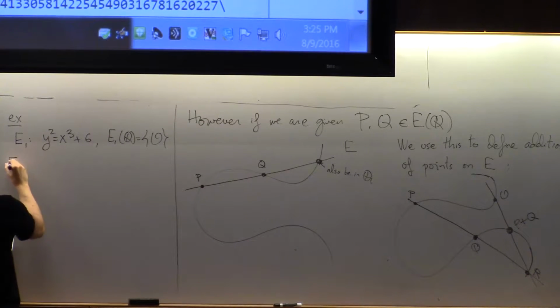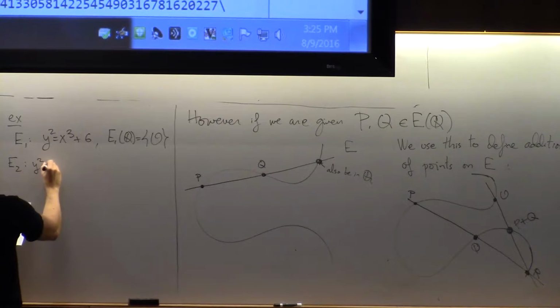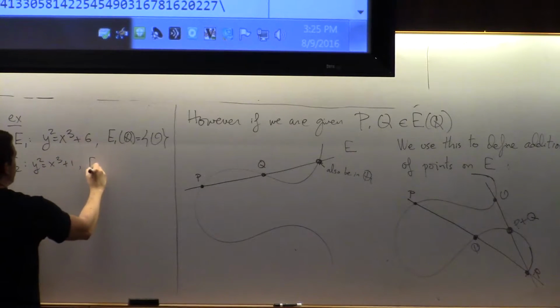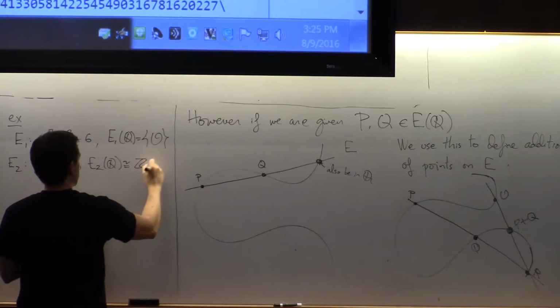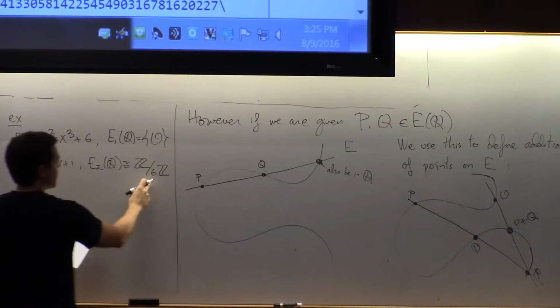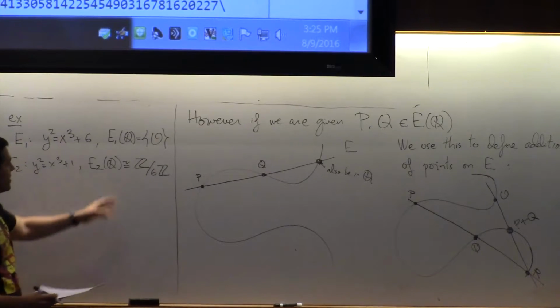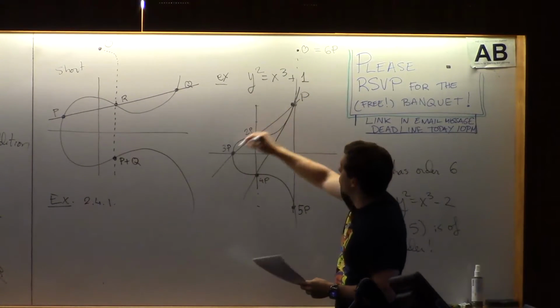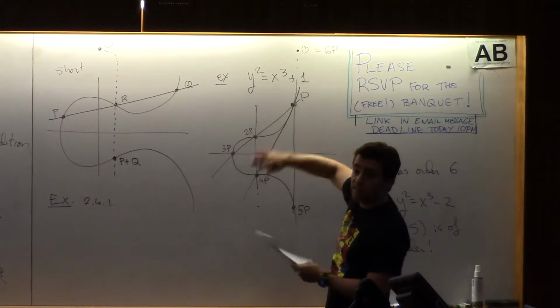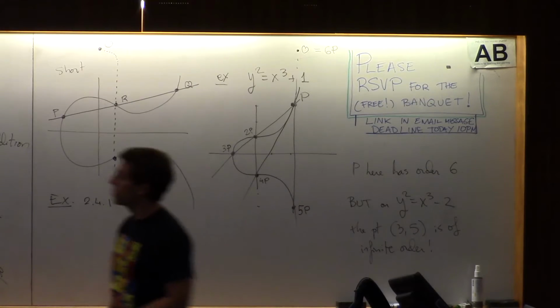There are elliptic curves that only have finitely many points. So this means that it's just an abelian group of order 6. If you go back to it, how many points did we find? 1, 2, 3, 4, 5, and 6. This is all. There are no other points on this elliptic curve.